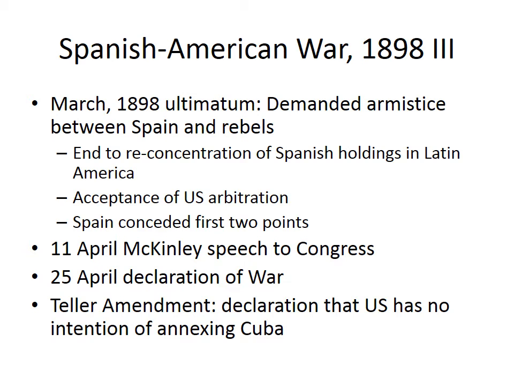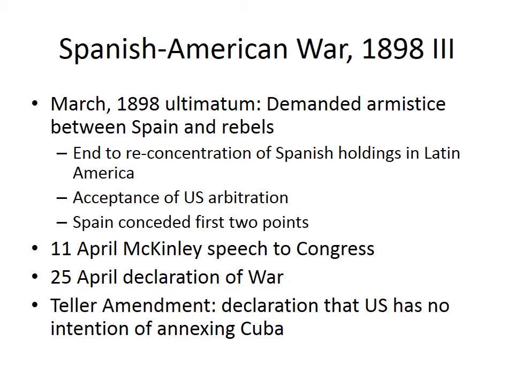On 11 April, McKinley makes a rousing speech to Congress in which he condemns Spain and Spain's prosecution of the war and their use of extra-legal tactics against the guerrillas, and will appeal to Congress's sympathies for the Cuban revolutionaries and ultimately ask for a declaration of war. You see, Congress will declare war on the 25th of April. And attached to this, however, Congress will put in what's known as the Teller Amendment.